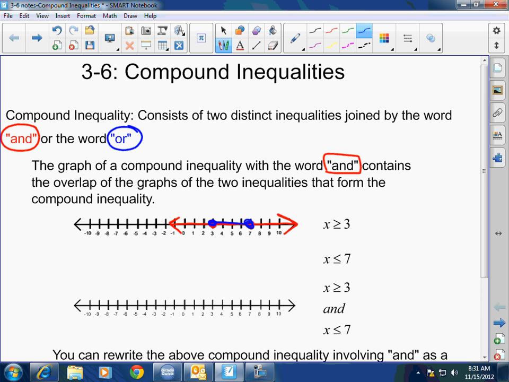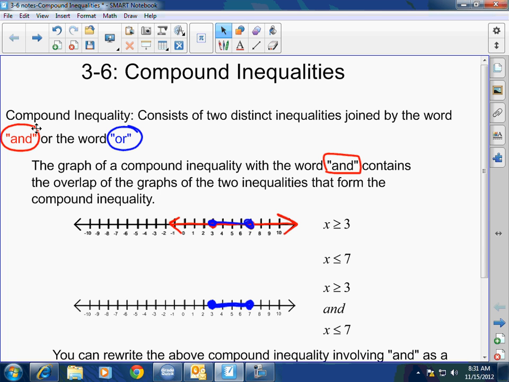Did you see what I just did there, guys? Okay, so then together, it would be x is greater than or equal to 3, so that means it's going to the right, but it's also less than or equal to 7. And it's every single number in between 3 and 7.